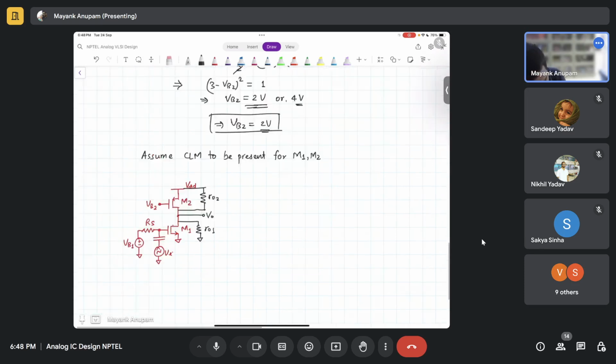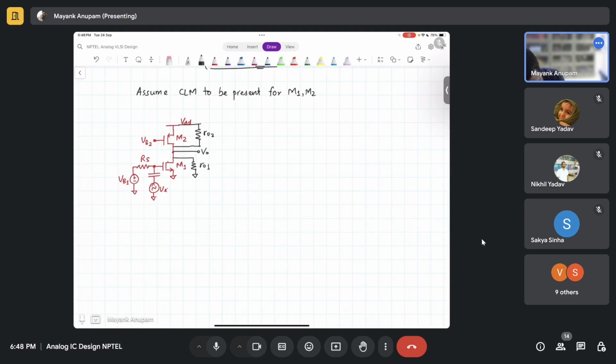Now tell me, first case, assume lambda is very small.